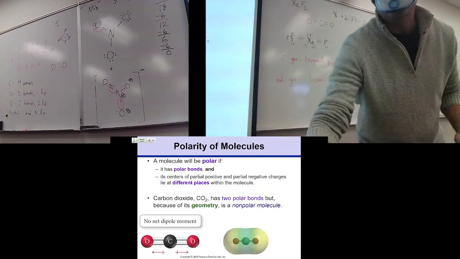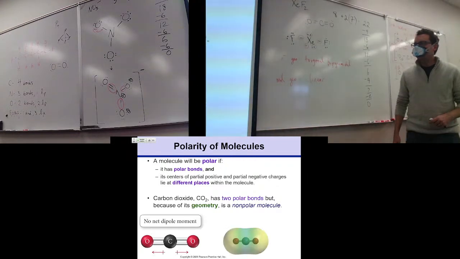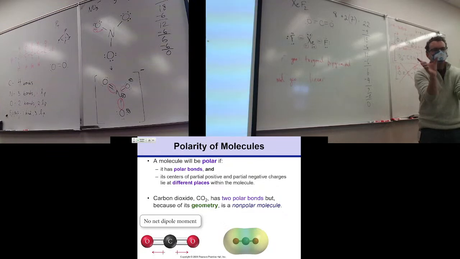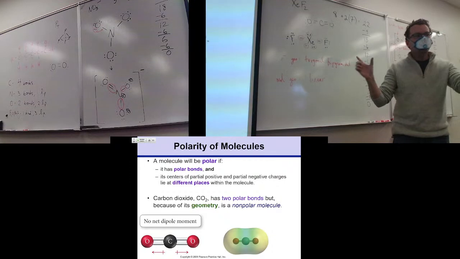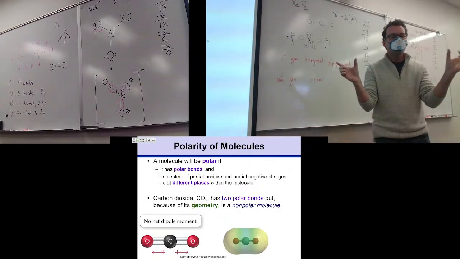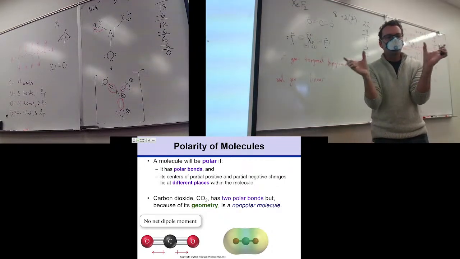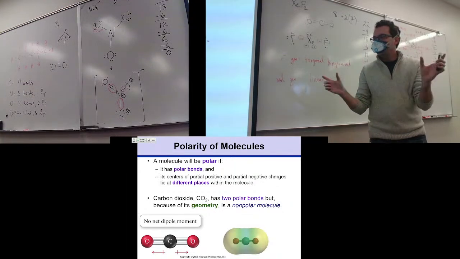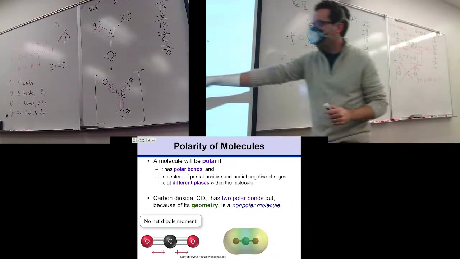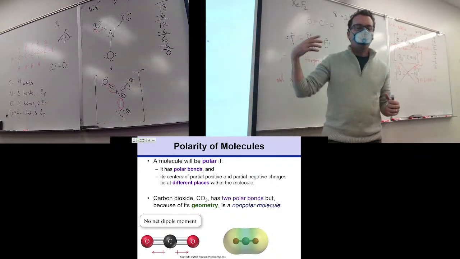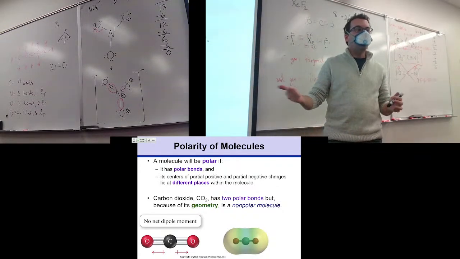But because it's linear, these dipole moments are canceling each other out. One points to the right, the other points directly to the left. So they're kind of fighting each other in terms of which side gets more electrons. Remember, the arrows point to the more partial negative charge in each bond.